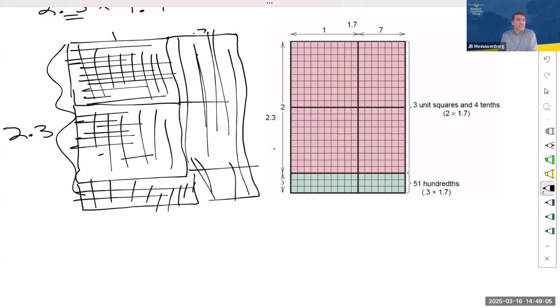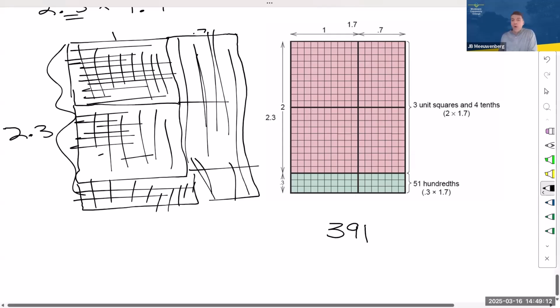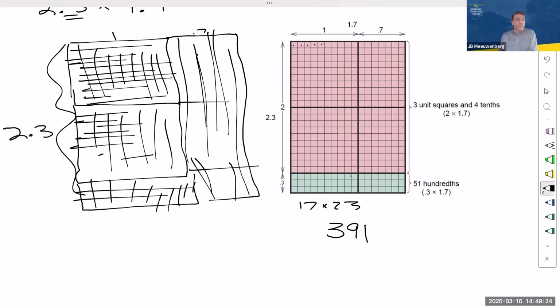And so 1.7 times 2.3, this is a total of 391, when it's all said and done, of these individual hundredths squares. 17 times 23 is 391. But because we were working with decimals, we know that that 1 is going to be in the hundredths place because we were counting squares, each one of them representing hundredths.